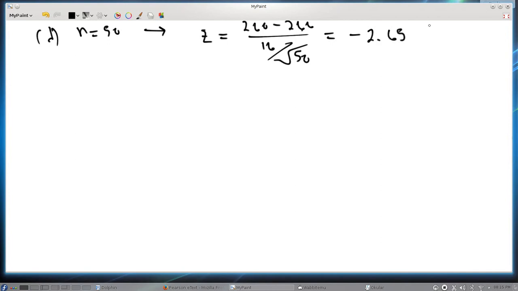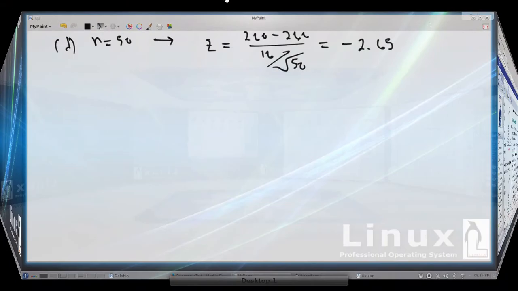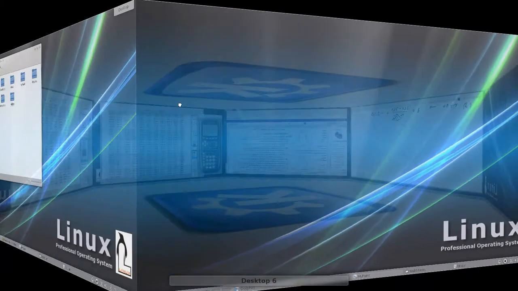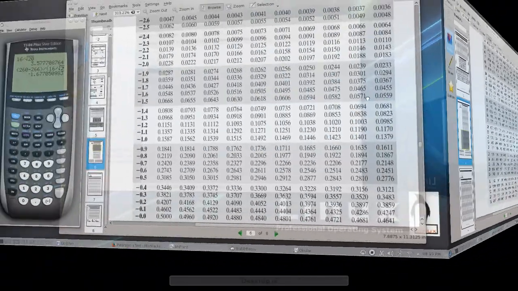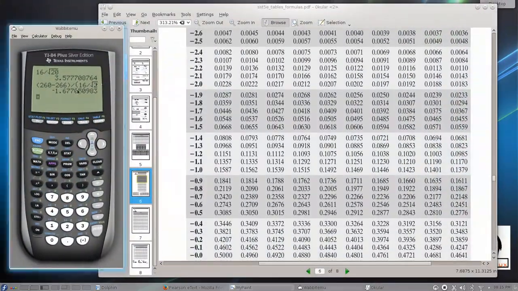In fact you can do it right here, because I just wanted to show you the trick how to use your calculator. You see here we have the same format, except the value under the radical, instead of 20 we're going to change it to 50.